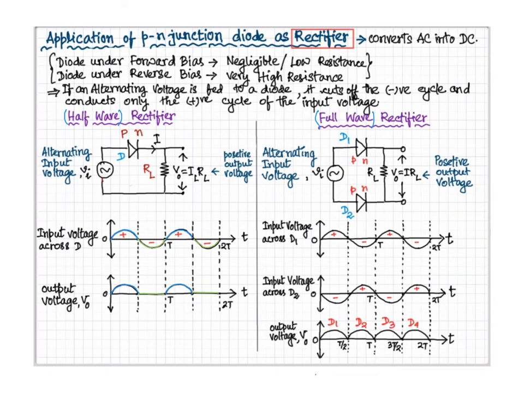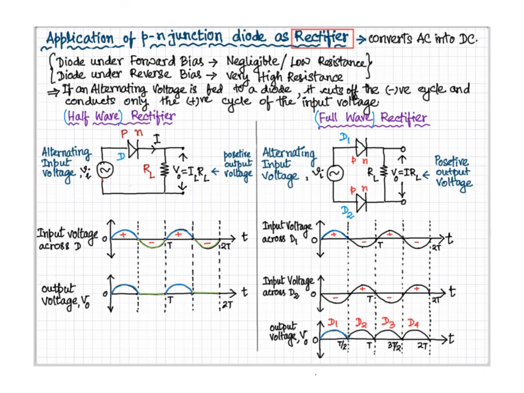It is denoted by the blue one. Then the voltage across D1 is positive, meaning it is under forward bias, so it will conduct current through it, giving output voltage, which is the blue one denoted here in the output voltage.